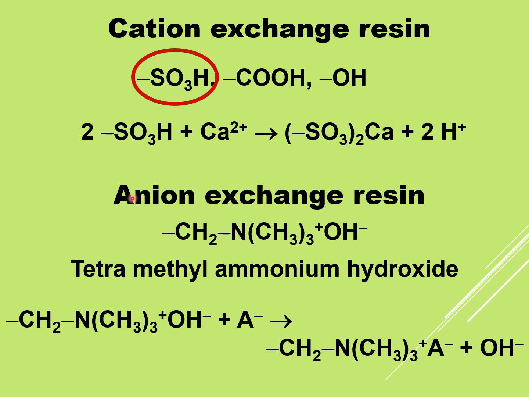So this resin will absorb all the anions, and it will release OH minus ions instead of that. So finally you have H plus plus OH minus giving water. You get pure water. So this is the working of the polymeric ion exchange resin. This is how it takes place.